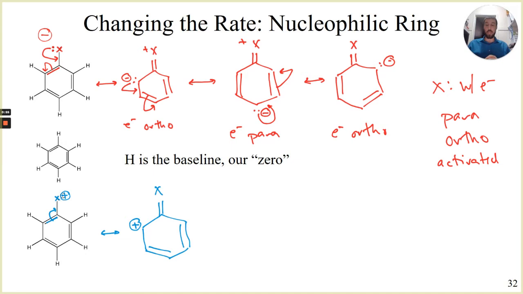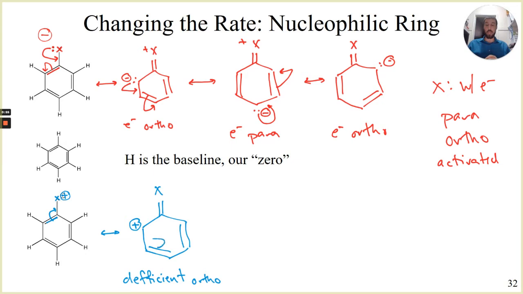So this is interesting. Now we are deficient in electrons at the ortho position. So if we were looking at the reactivity, I would not predict the ortho to react if atom X had a positive charge, because I'm putting a positive charge at the ortho position.